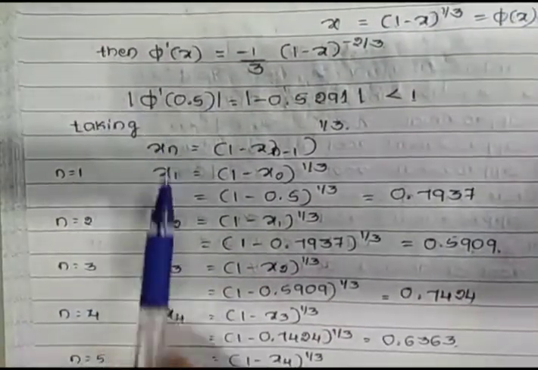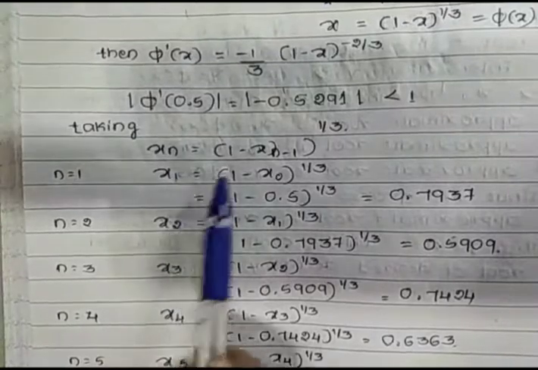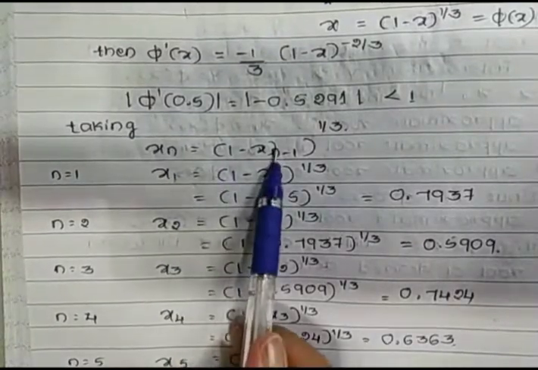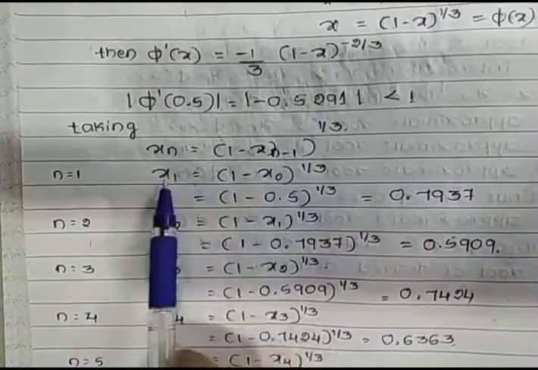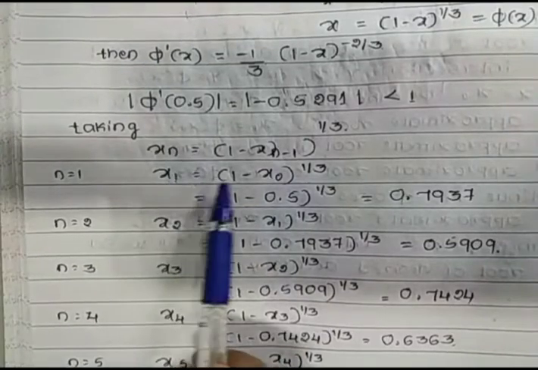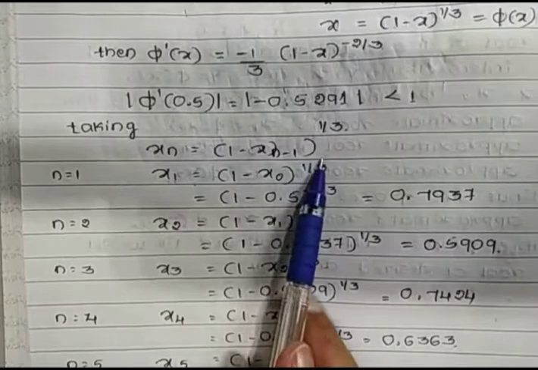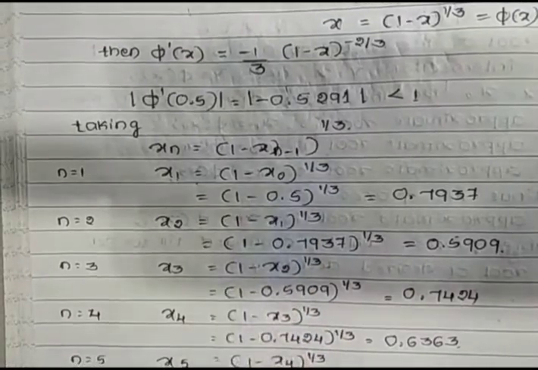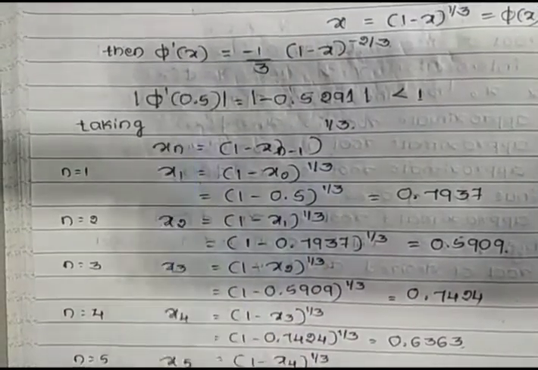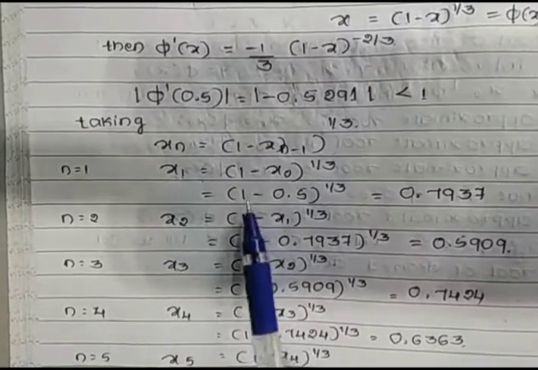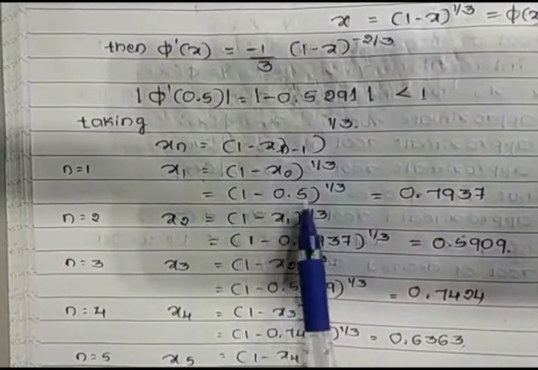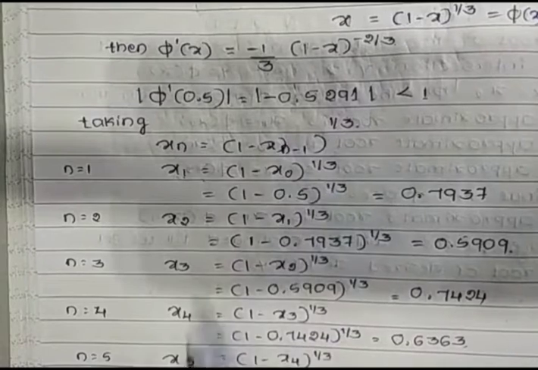Then x1 is equal to (1 minus x naught) raised to 1 by 3. What is x naught? We have considered the x naught value as 0.5. So this is (1 minus 0.5) raised to 1 by 3.